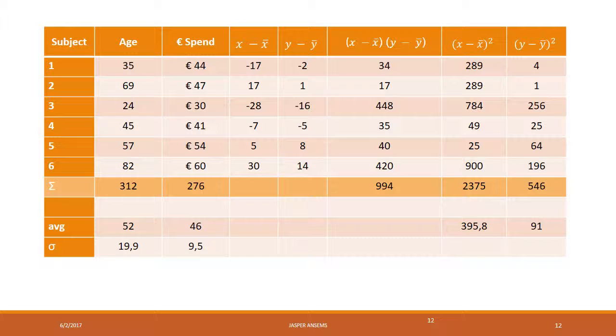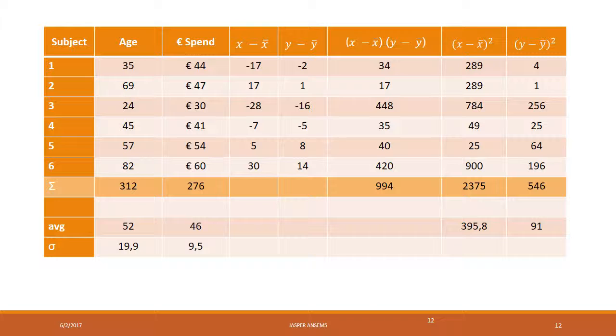Then one column to the right, we take that minus 17 from the first subject times that minus 2 from the first subject, which is 34. And we added all those numbers up from the x times y, and we come to 994.